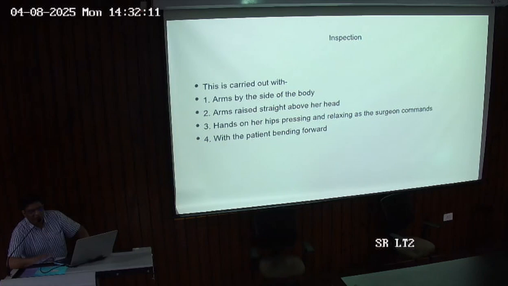If one is higher, one is lower, it means there is some fibrosis or some process going on in this breast. When we raise the arms straight above the head, if there is a lower quadrant lesion or lower quadrant malignancy, that breast will be at a lower level than the normal breast on raising the arms.